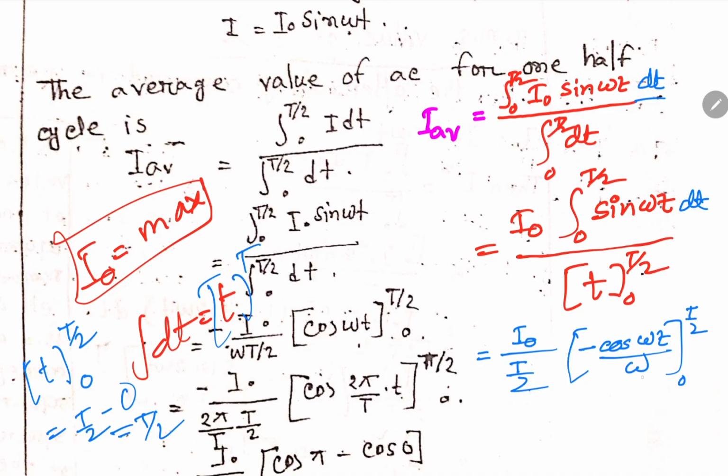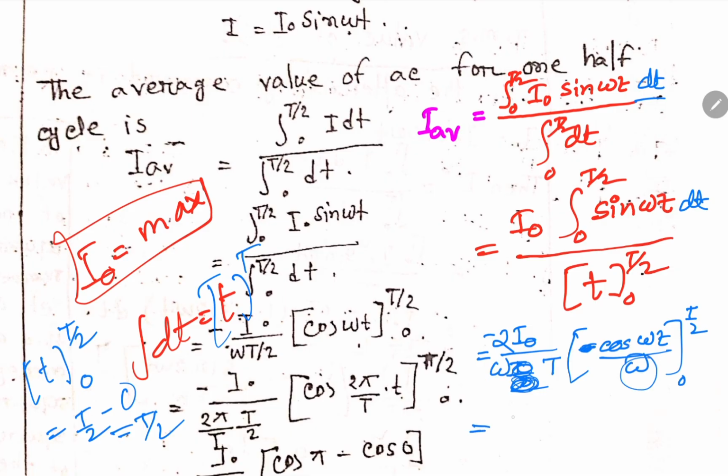So now you have I naught divided by t by 2. I can take this 2 in the numerator. So I have 2 I naught divided by t, and then this whole thing, and I take minus outside, I take omega outside.